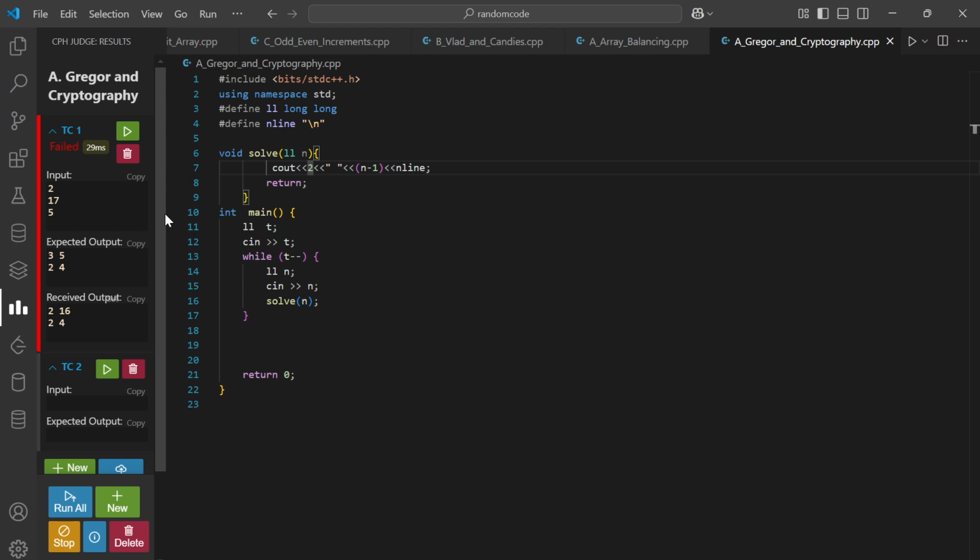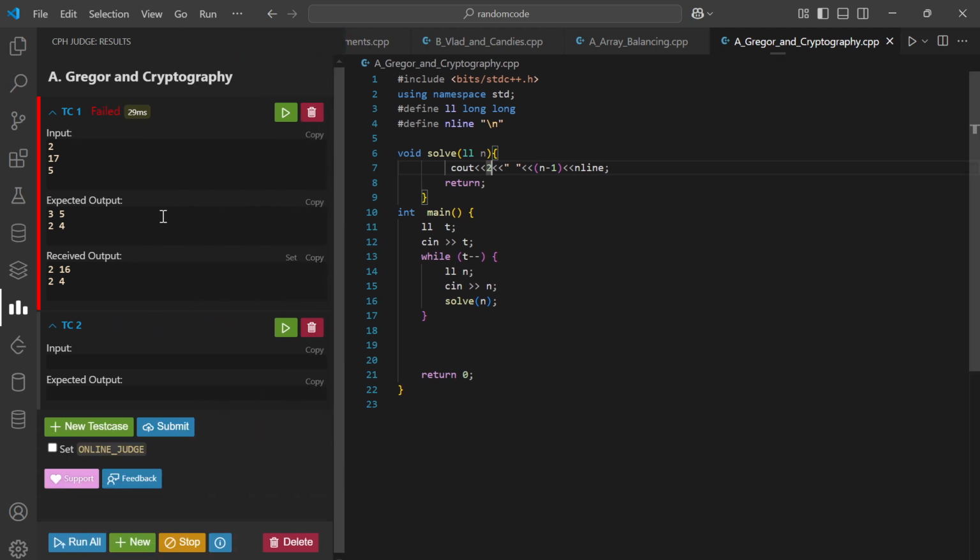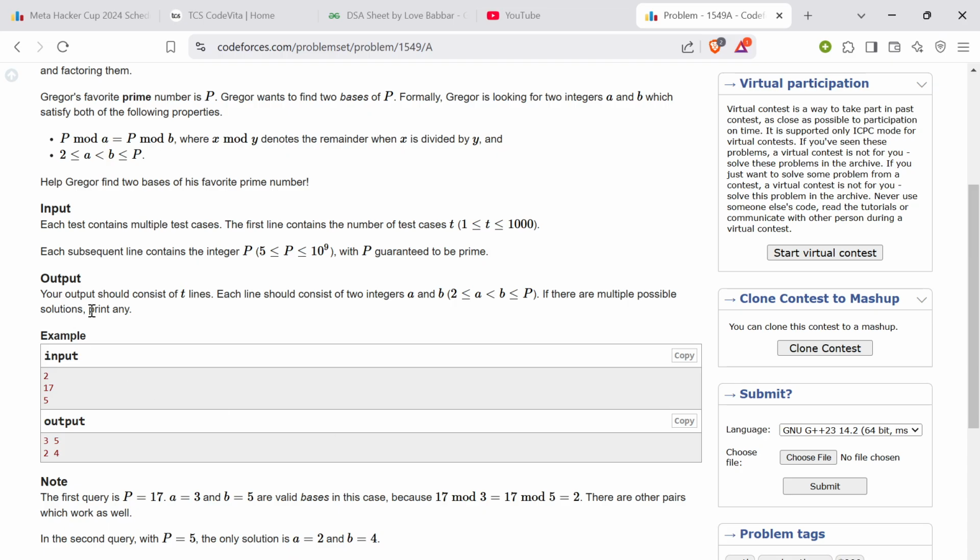Now here you can see that here is the 17. It's expected output is 35, but our output will come 260. Okay, how is it different? So you can first read the problem.